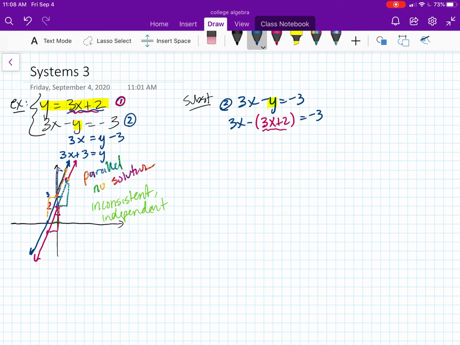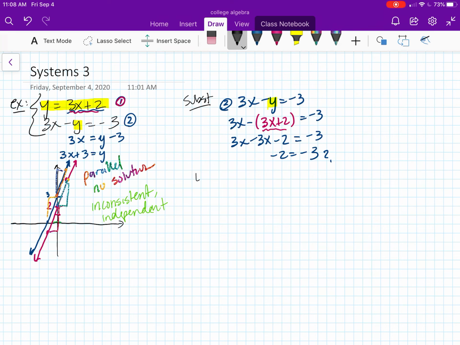So distribute that negative: 3x minus 3x minus 2 equals negative 3, and we get negative 2 equals negative 3. When it's no solution, we'll get some weird random statement like negative 2 equals negative 3. What do we even do with that? It doesn't make sense.